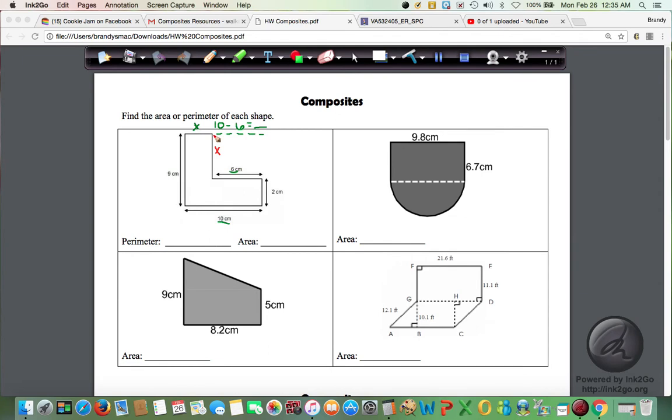For the vertical piece, this one right here, you want to look for the up and down, the other vertical pieces. So we have a 9 and a 2. Again, if this were a full rectangle, the entire side here would be 9, and this would be 9 too. However, we're missing this piece.